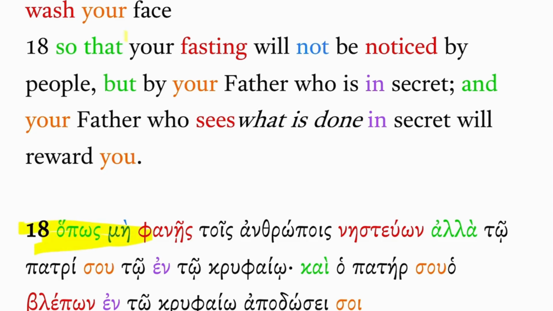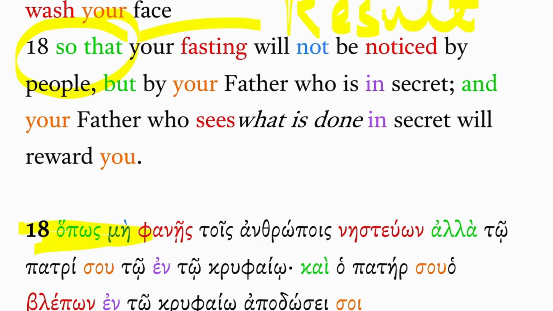I'm not really a big fan of "so that," because "so that" is also used for result clauses. So I don't like translating purpose clauses with "so that." I think it's too soft.